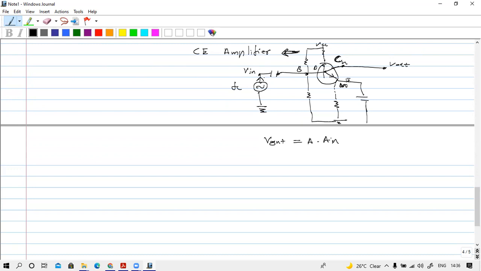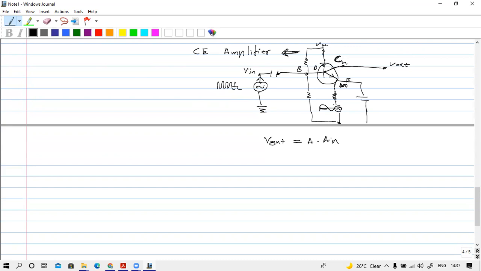And if you connect the audio signal, or the modulating signal, here, this is the carrier signal, the high frequency signal, and this is the audio signal, the low frequency signal.